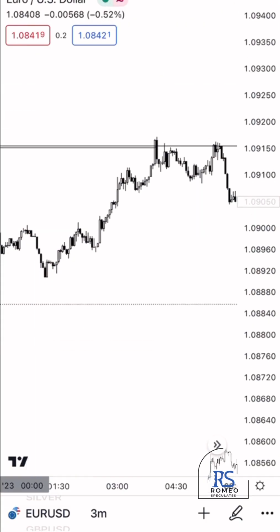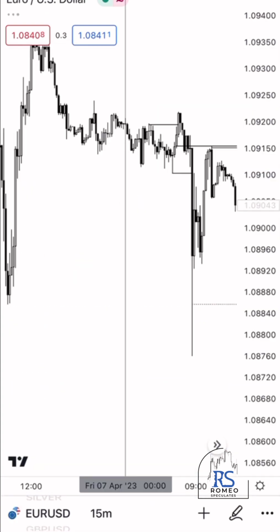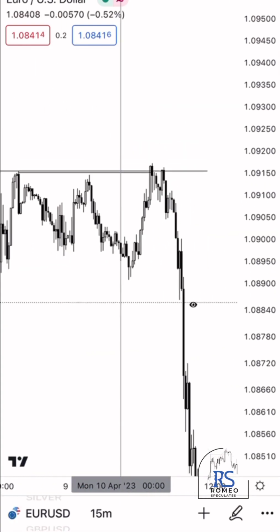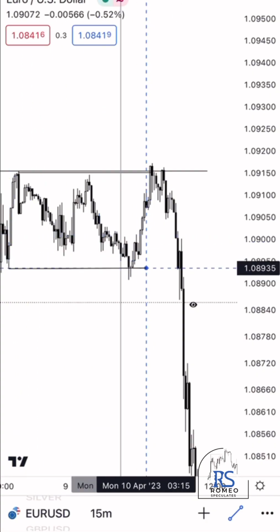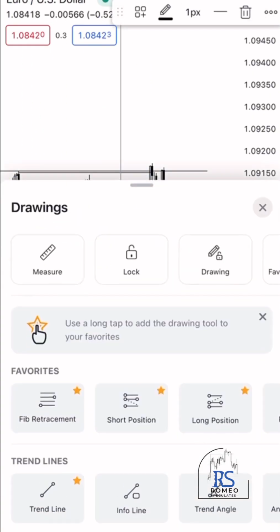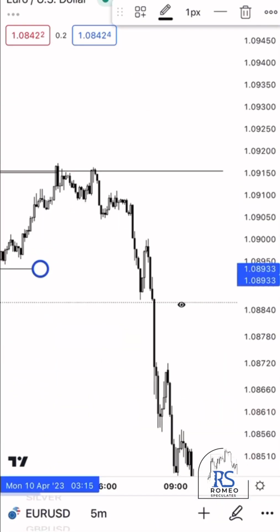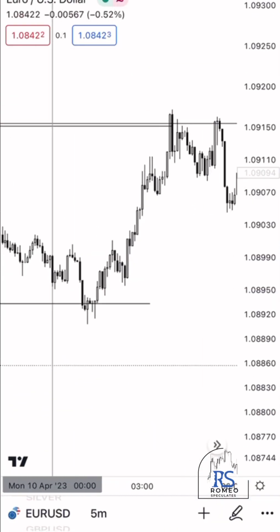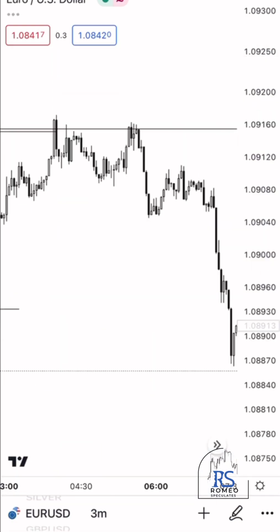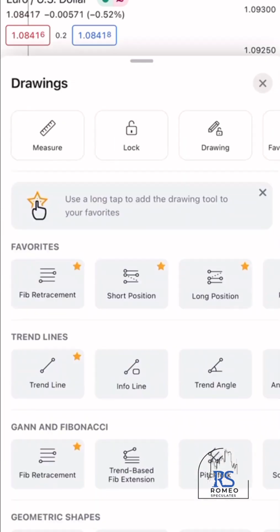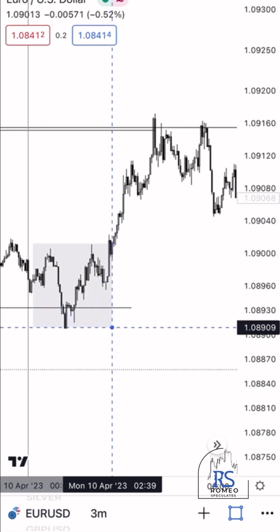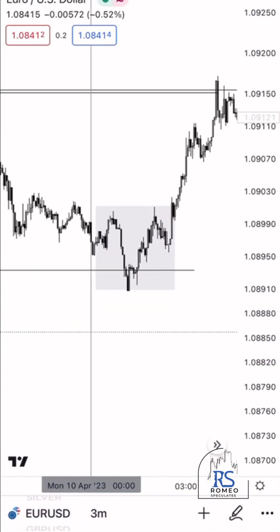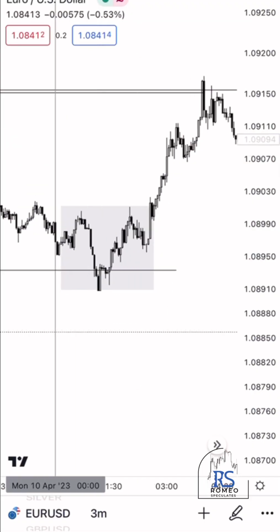But on the daily candle, we had an accumulation down here. Accumulation. Three-minute, more clear. Accumulation down here, right? Leaving behind this liquidity pool down here, right?